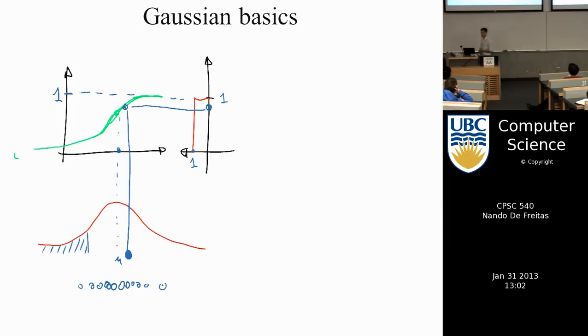So this is how we generate samples for a Gaussian distribution that has 0 mean. In this case the mean wasn't 0, but typically we have a procedure in our computer that is capable of generating 0, 1 Gaussian variables.